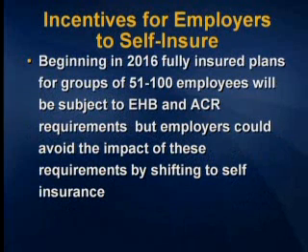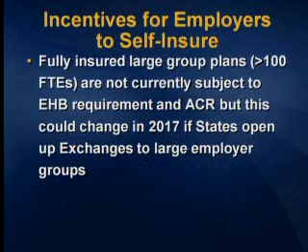So you can avoid those requirements and potentially reduce your costs by shifting to self-insurance. Again, fully insured large groups aren't subject to the essential health benefits requirement, but that could change in 2017 if states open up the exchanges to large employer groups.